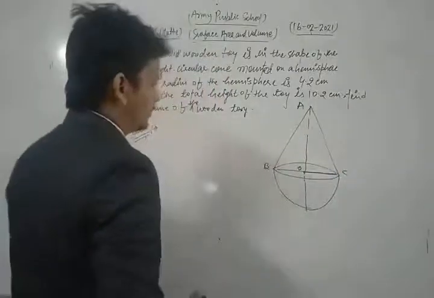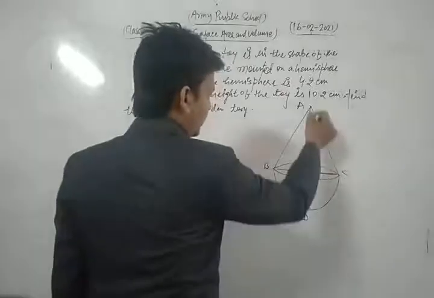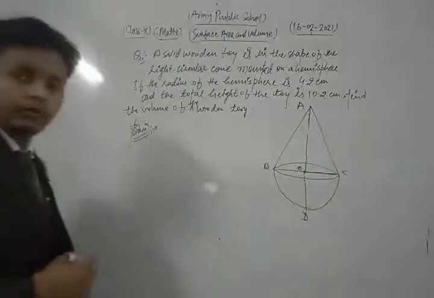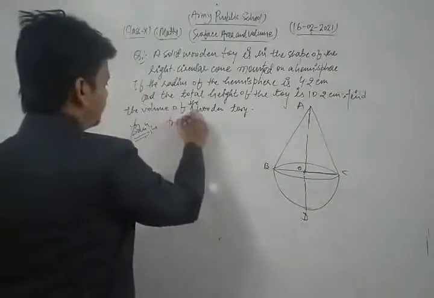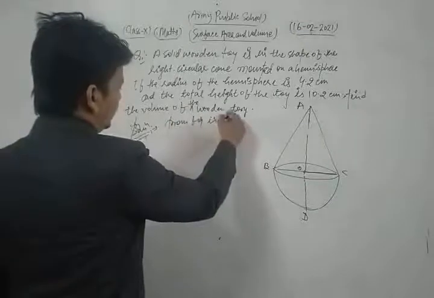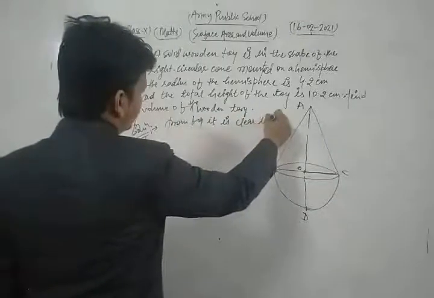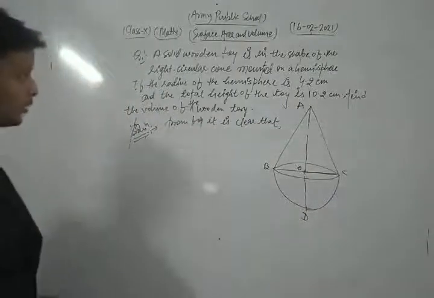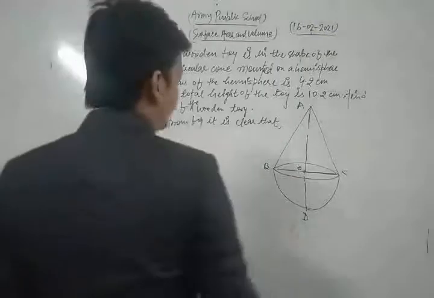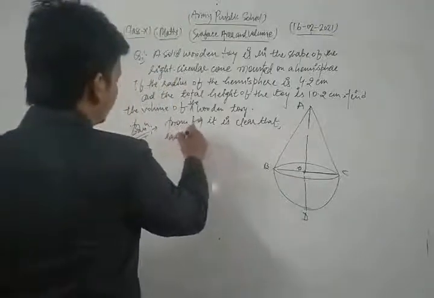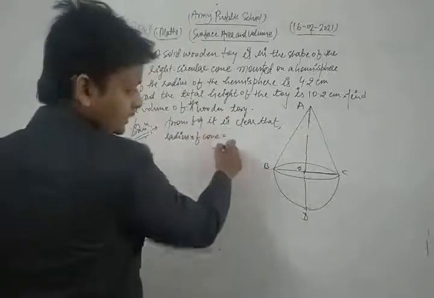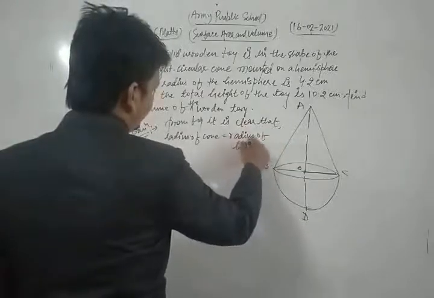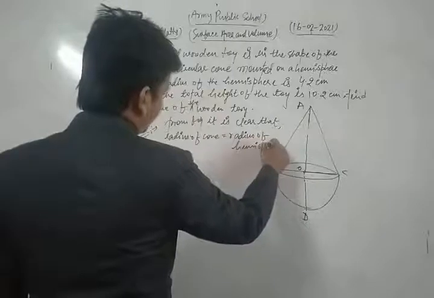From the figure it is clear that the radius of the cone is the same as the radius of the hemisphere.